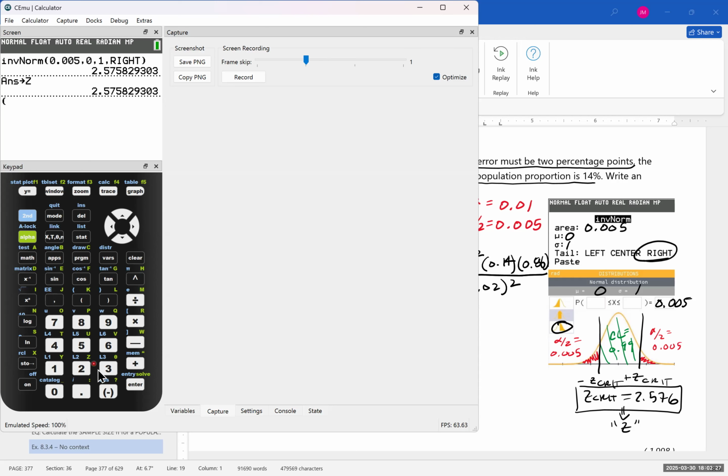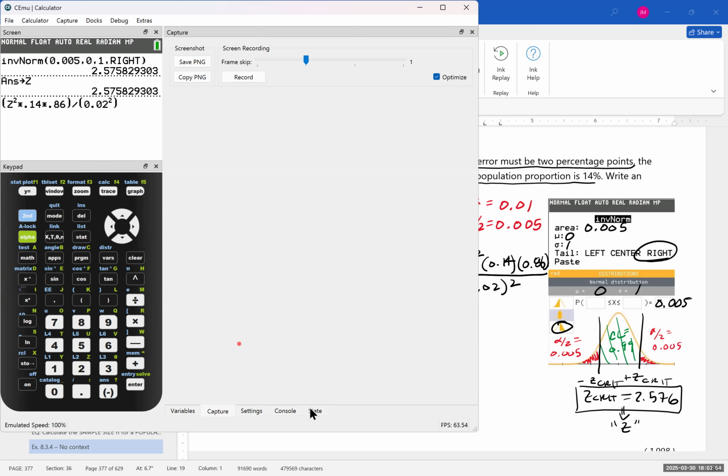So I'm going to have Z squared times 0.14 times 0.86, and that's going to be divided by 0.02 squared.